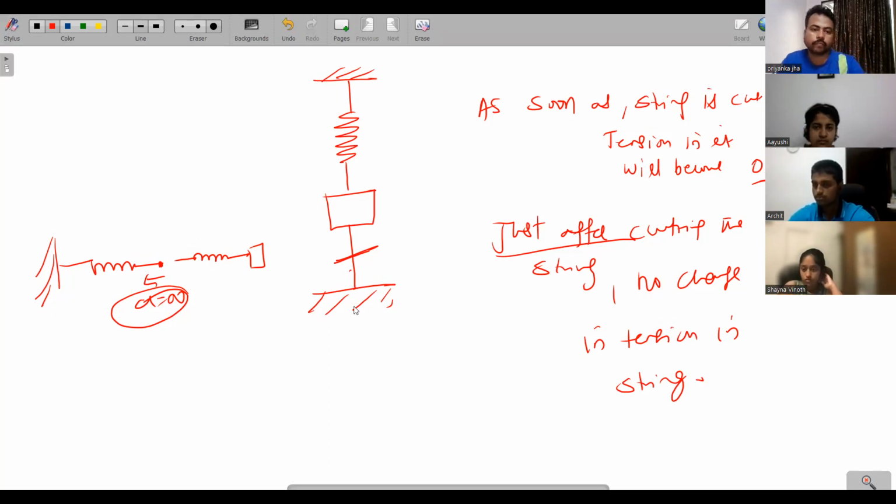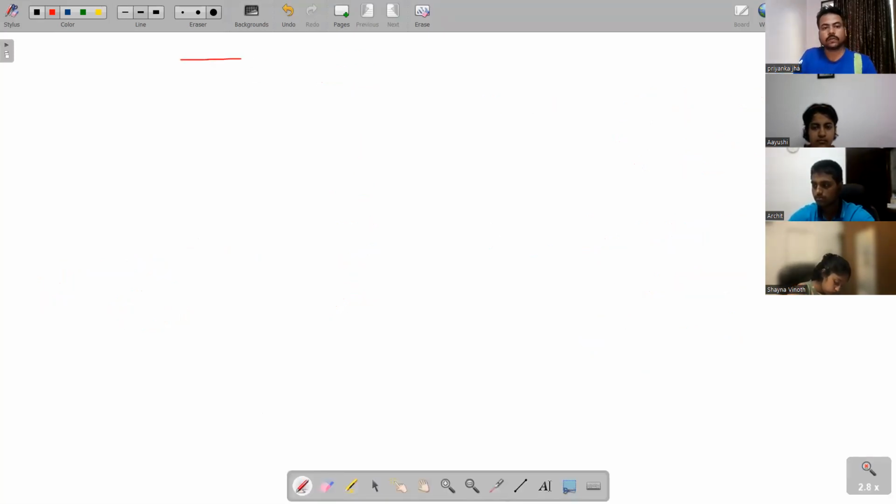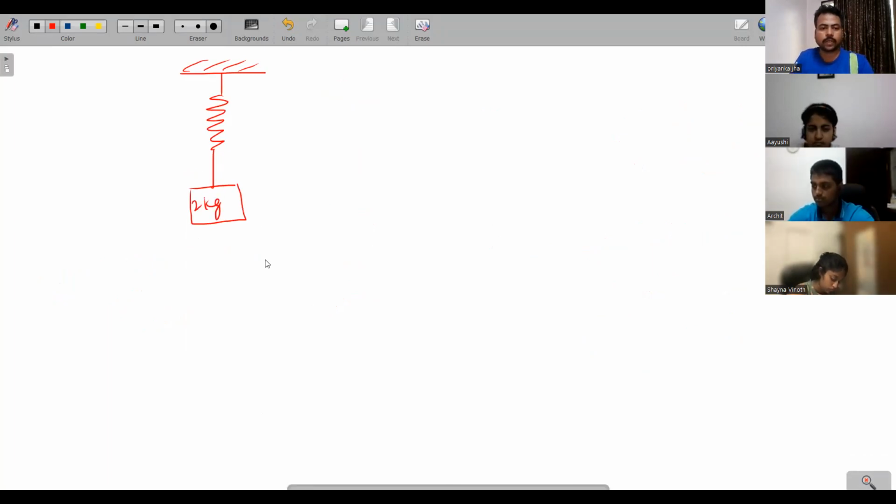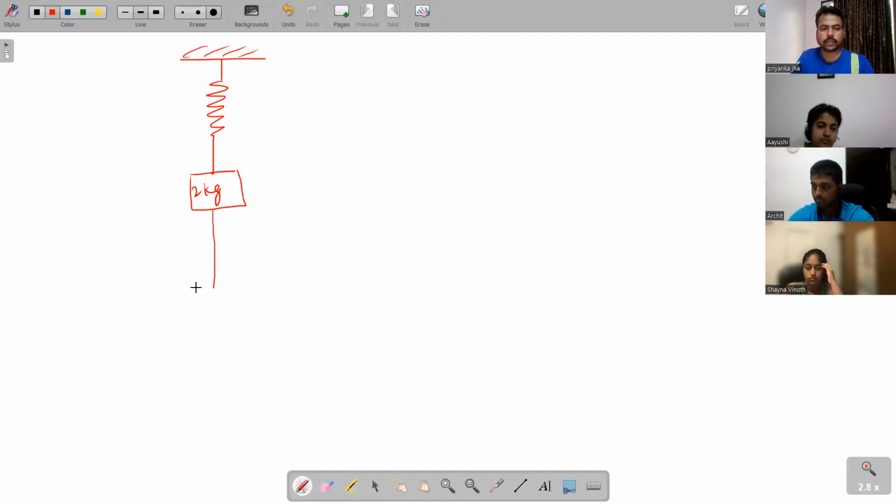Done, sir. Okay. One question. This is the ceiling. This is a spring. One mass is connected here, and there is one more block connected by a string.